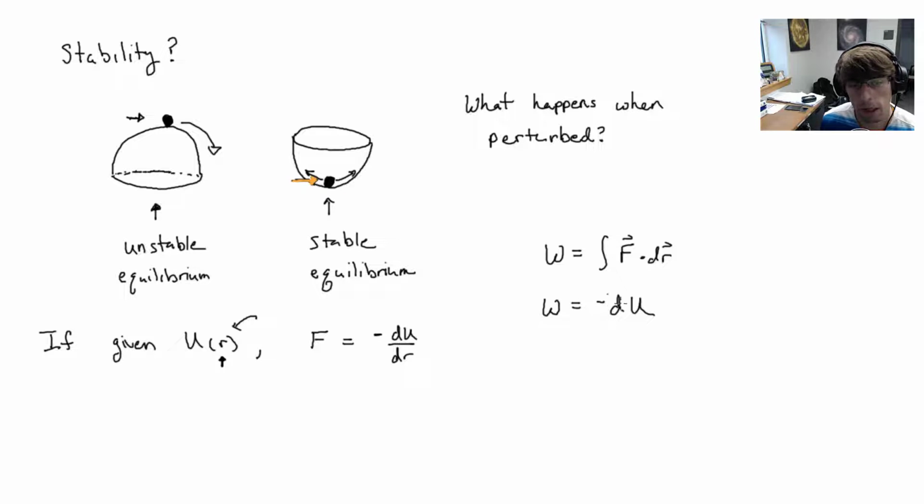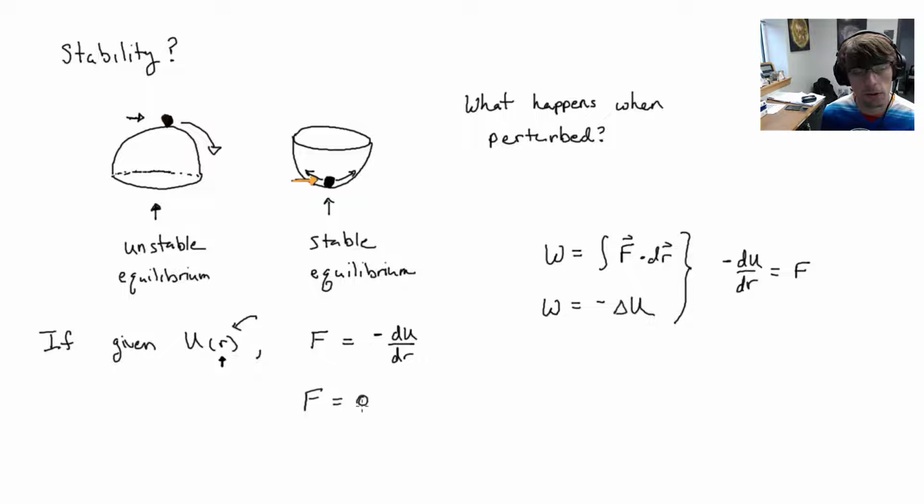So if we combine both of these together, you end up with negative dU/dr equal to F. Now, of course, if we're in equilibrium, that tells us that our force must be equal to 0.